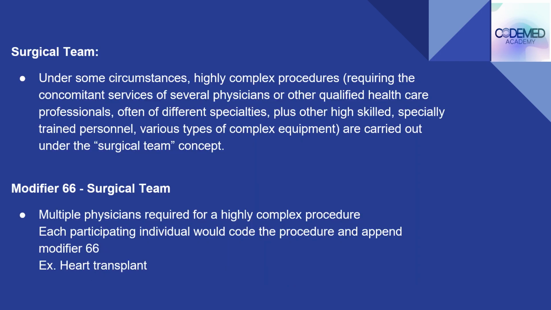Surgical team is, under some circumstances, a highly complex procedure requiring the concomitant service of several physicians or other qualified healthcare professionals, often of different specialties, high skill, specially trained personnel, or various types of complex equipment that cannot be done by one person, but is done by the team. For example, the heart transplant.